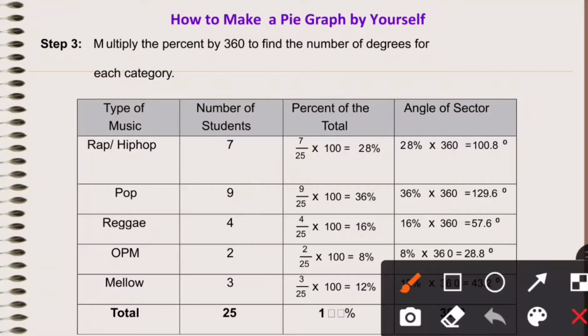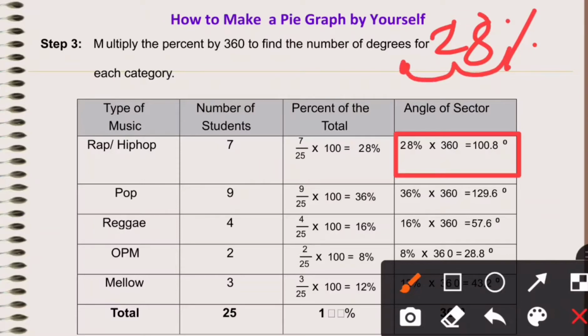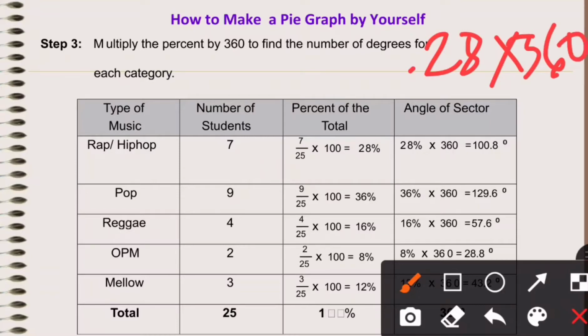Again, so for you to know how come we have here this angle sector, we have 28% in decimal. That is, you move the decimal twice. So we have 0.28 times 360, and that is 100.8 degrees.